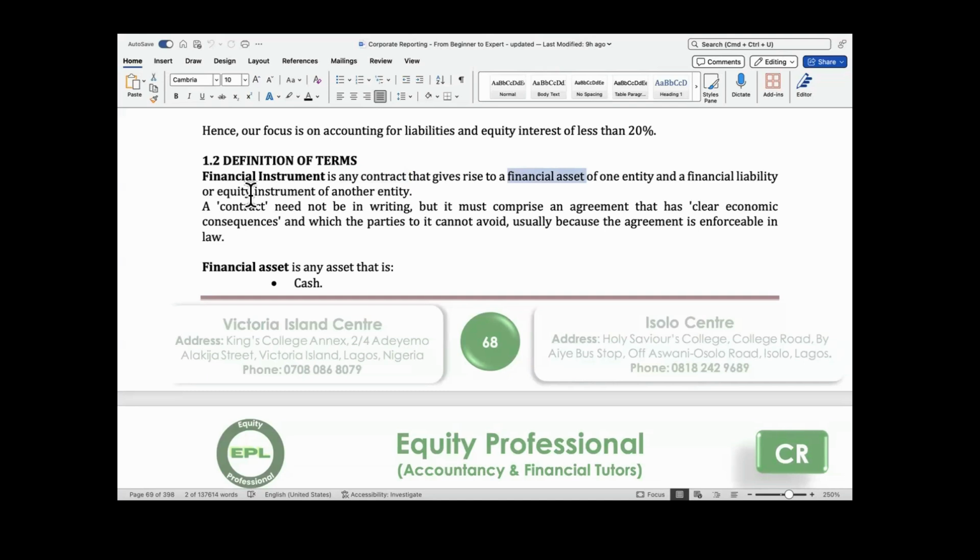It does not necessarily have to be in writing, but it must have clear economic and legal consequences. That is what makes it a contract, in the sense that we have an understanding, and if you do not do your own part, there will be economic consequences. There will be legal consequences. That is a contract.